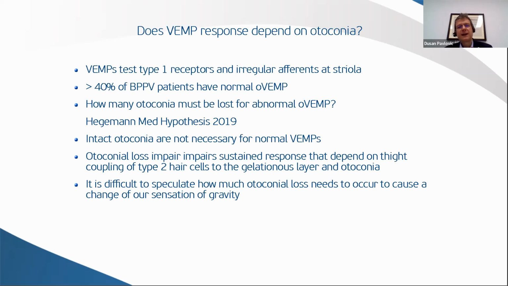So Hegemann asked a really good question: how many otoconia must be lost for abnormal VEMPs? And also, does the VEMP response represent only good or bad function of receptor cells, or do we need intact otoconia to get the VEMP response?